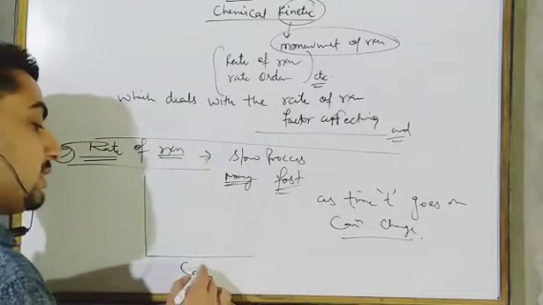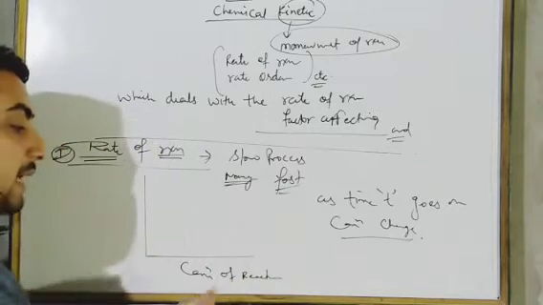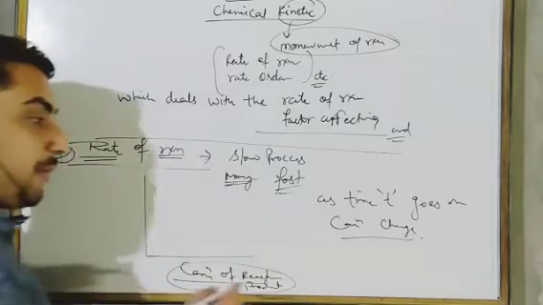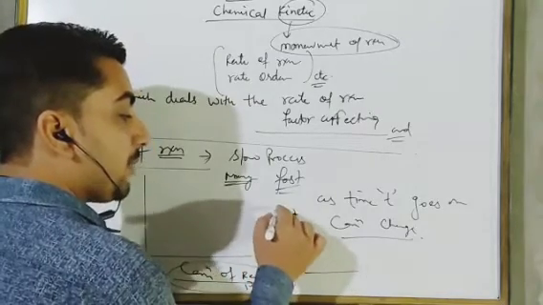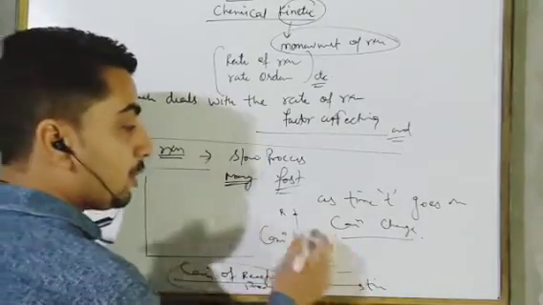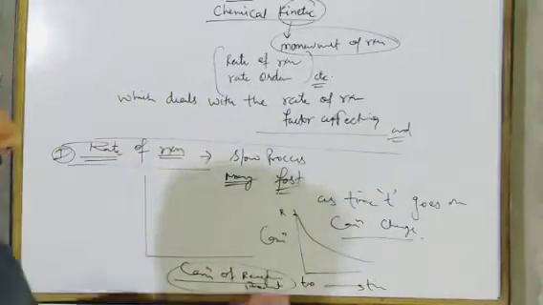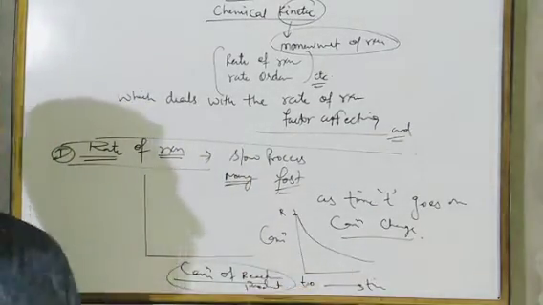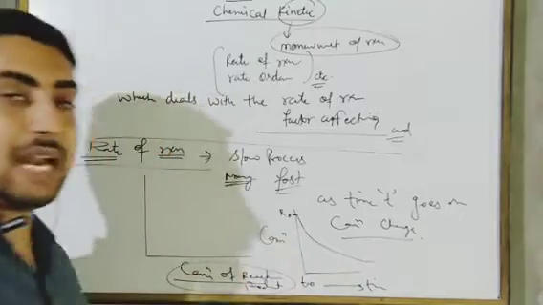If you draw a graph, the concentration of reactant is maximum at time t equal to 0, denoted by R naught or the initial concentration.